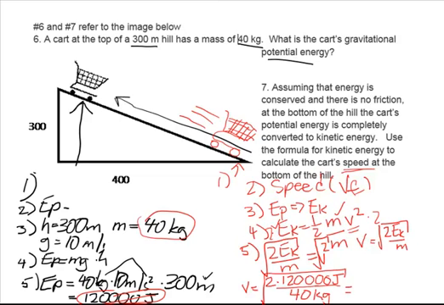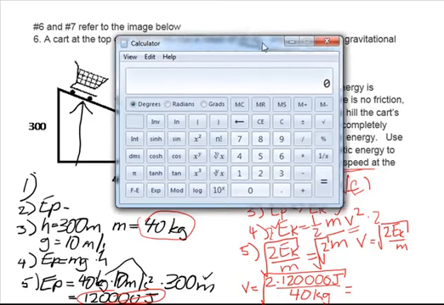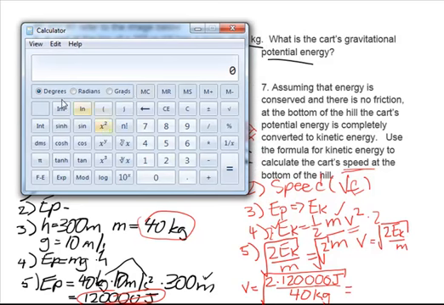Plugging in my values, my velocity is going to be the square root of this whole quantity, 2 times 120,000 joules divided by 40 kilograms. I can't do that in my head, so let's bring in the calculator. Because I have to do a square root, I'll use the scientific calculator. So 2 times 120,000 equals 240,000.